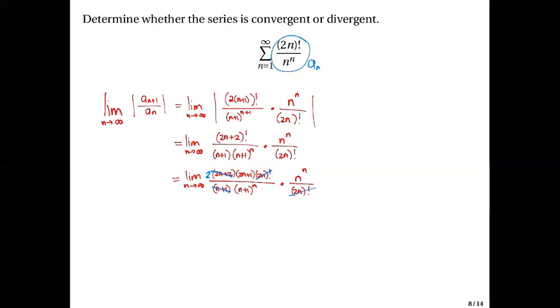And then, itong n to the n over n plus 1 to the n, pwede mo na yan pagsamahin sa isang exponent, which means that ano mangyayari dito? You will get limit n approaches infinity of 2 times 2n plus 1 times n over n plus 1 raised to n.